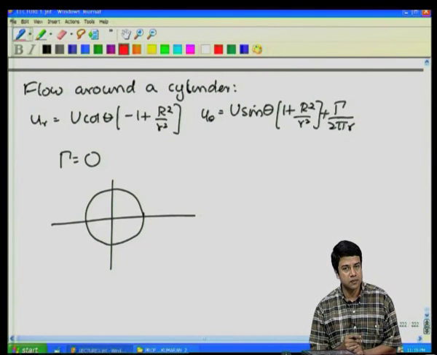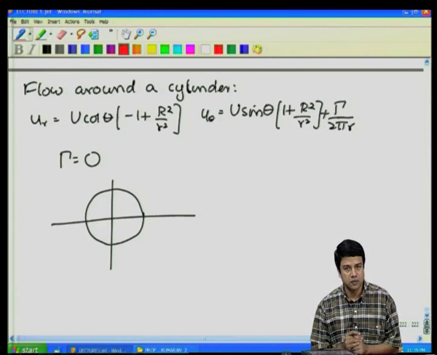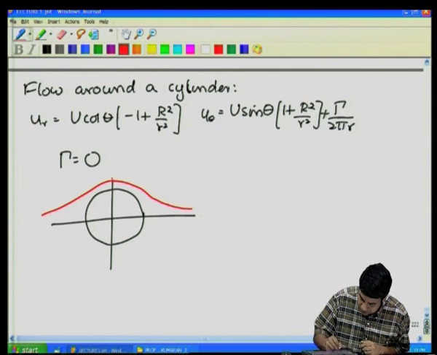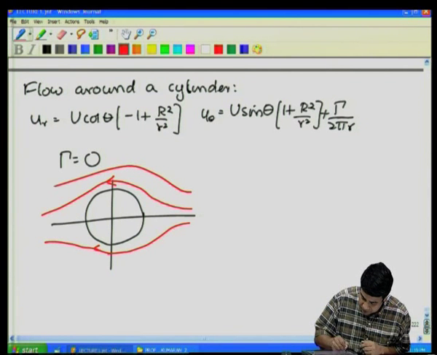So, u theta is just equal to u sin theta into 1 plus R squared by r squared. So, what I will have is a flow that looks something like this. It is a symmetric velocity around this half plane.